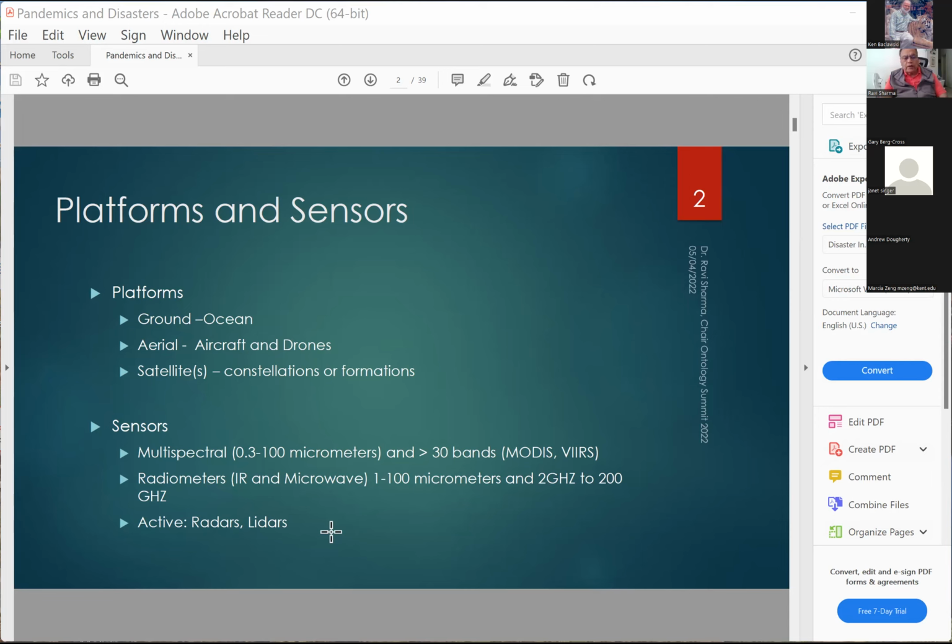For example, when sun falls and you get reflected light, transmitted light, or scattered light, that's one kind of sensors. And the active is where you carry the source in the satellite and bounce it off the surface or ocean or snowpack.